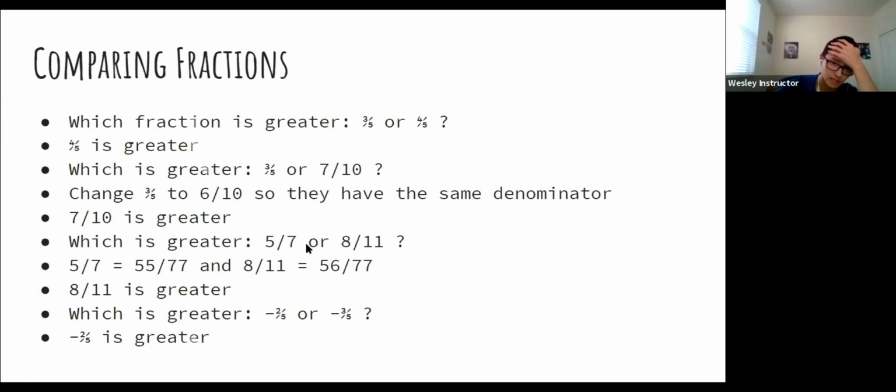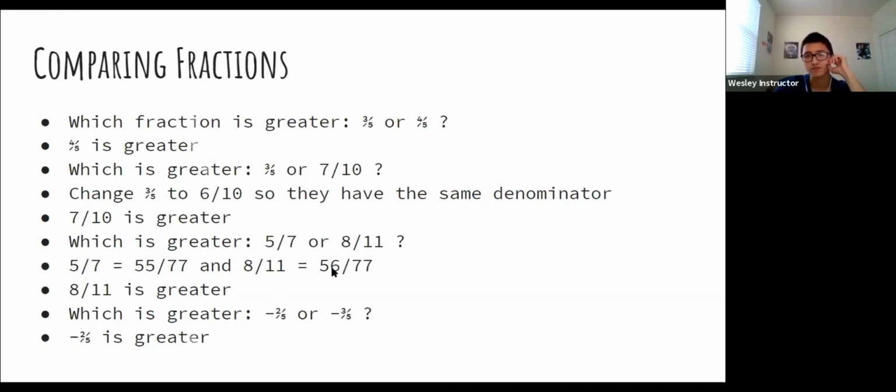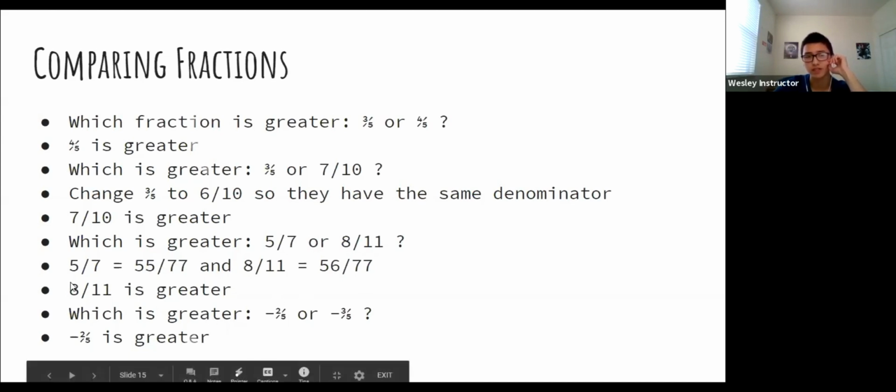So the LCM of 7 and 11, the answer is 77. So you want to multiply 5 over 7 by 11 over 11, and 8 over 11 by 7 over 7. Then you guys get 55 over 77 and 56 over 77. So obviously 56 is greater than 55, so 8 over 11 is greater.